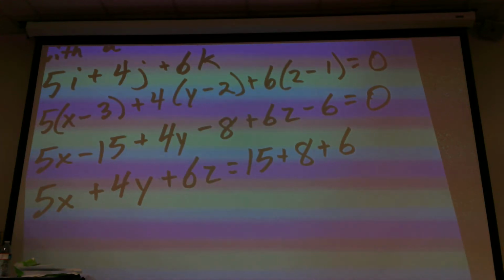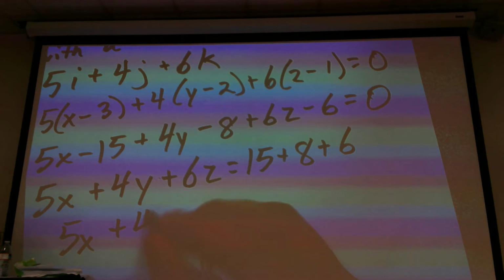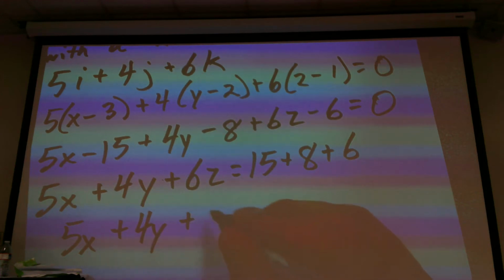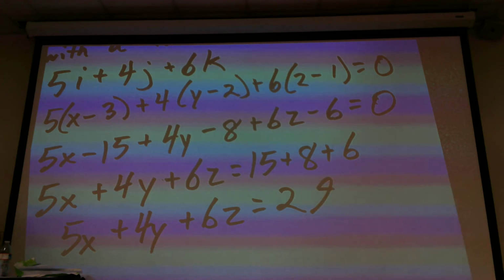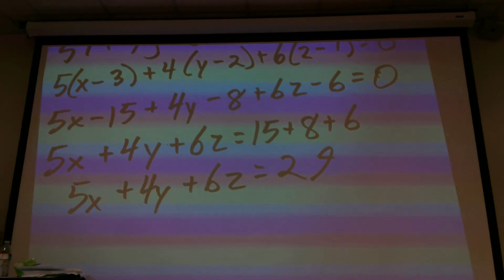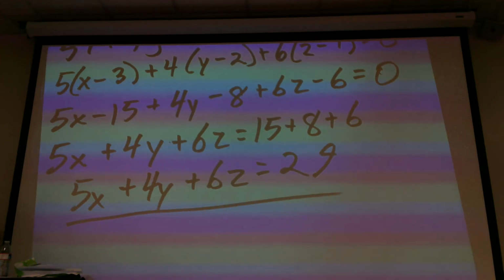Okay, so 15 plus 6 is 21. 21 plus 8 is 29. So that's 5x plus 4y plus 6z equals 29. Okay. And that's it. That's the answer to the problem.